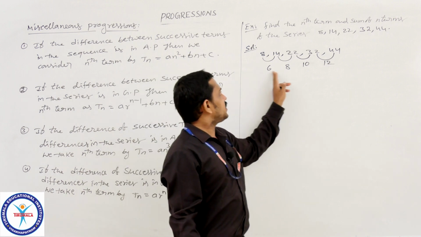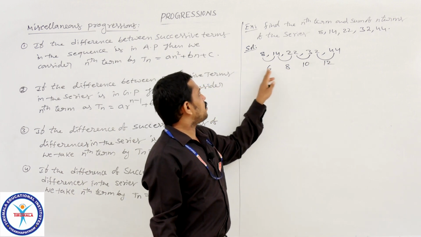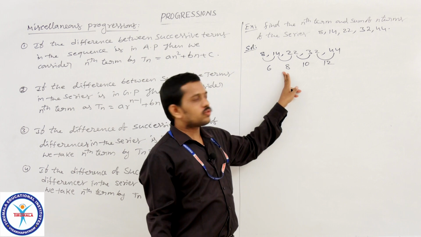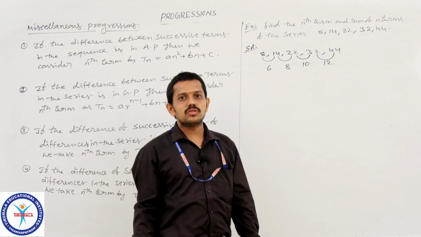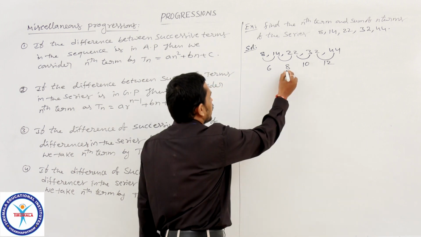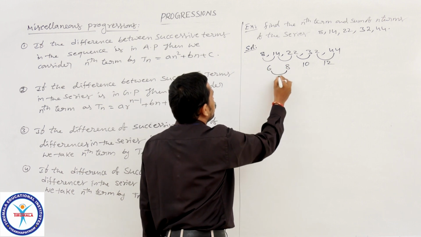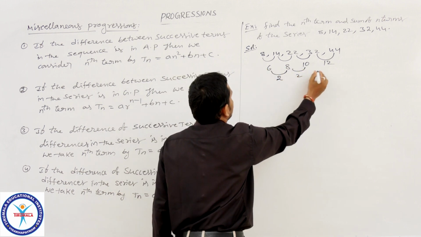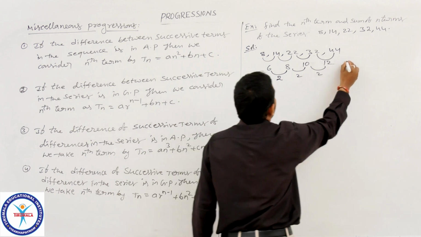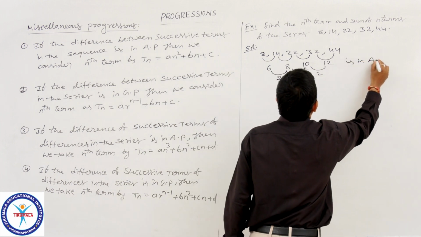Now, again, this is in AP: 8 minus 6 is 2, 10 minus 8 is 2, 12 minus 10 is equal to 2. So here the difference between any two consecutive terms is constant, which means this is in AP.